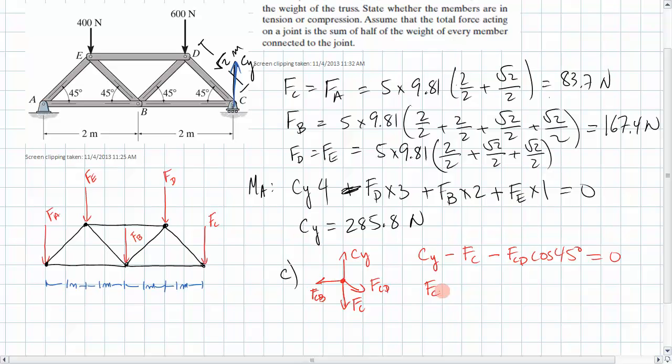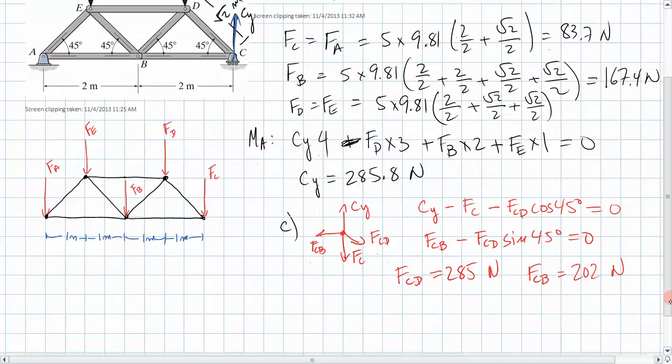And then FCV minus FCD sine of 45 degrees, that's equal to 0. And then I can go ahead and solve for this. And I get that FCD is equal to 285 newtons, and then FCV is equal to 202 newtons.